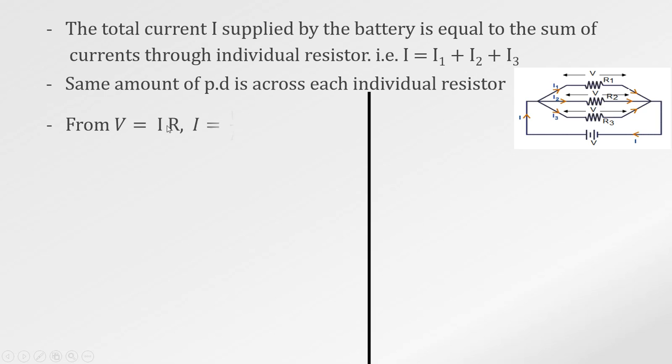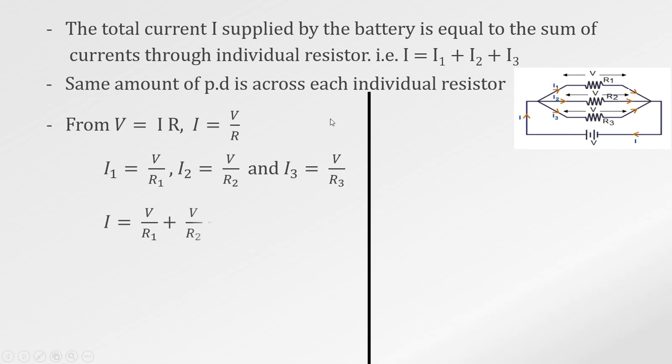From V is equal to IR, I can make I the subject: I is equal to V over R. So I1 is V over R1, I2 is V over R2, and I3 is V over R3. V is not changing because it is the same. Unlike in series, where I was the same, here it is V which is the same.